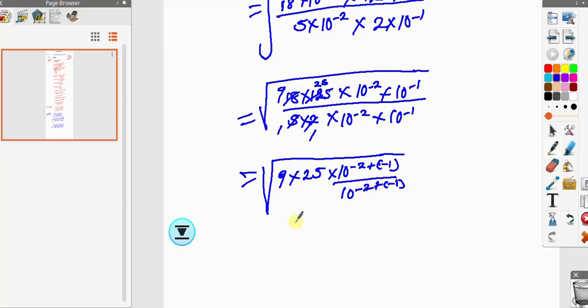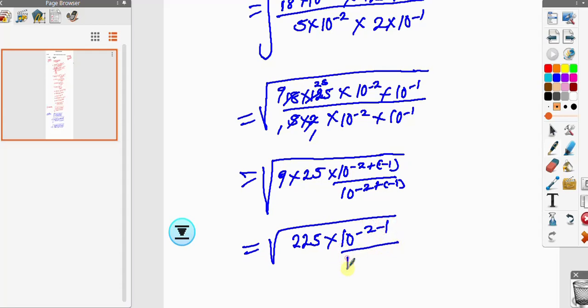So we have equal to square root of 9 times 25, we have 225 multiplied by 10 raised to power minus 2 minus 1.